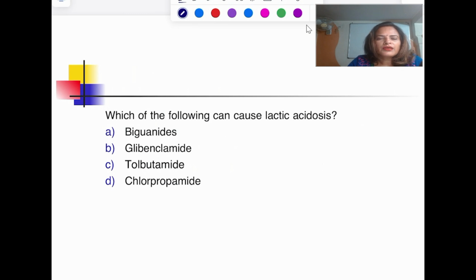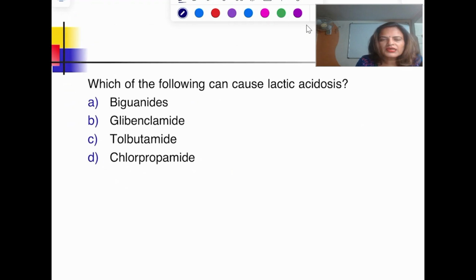Which of the following can cause lactic acidosis? Again, lactic acidosis is the main side effect with the biguanides. Already I have told in my previous video, when I discussed the biguanides, what are all the things which can aggravate this lactic acidosis. We have two drugs, phenformin and metformin. It is very commonly seen with phenformin.